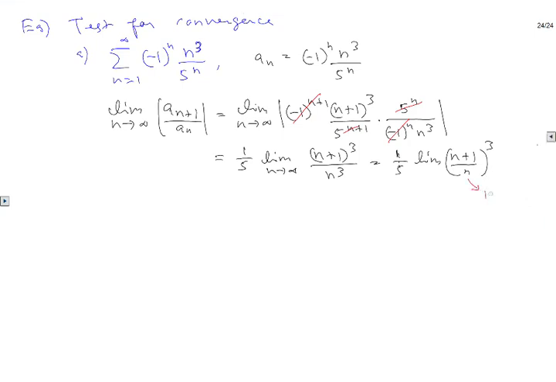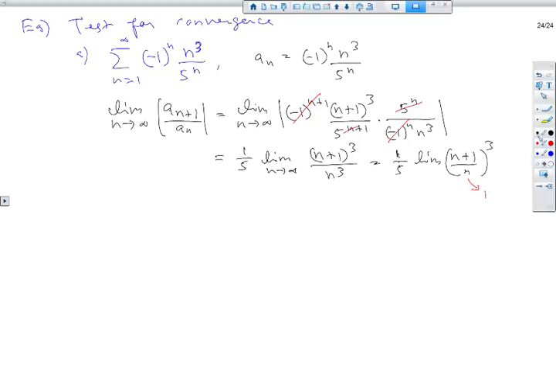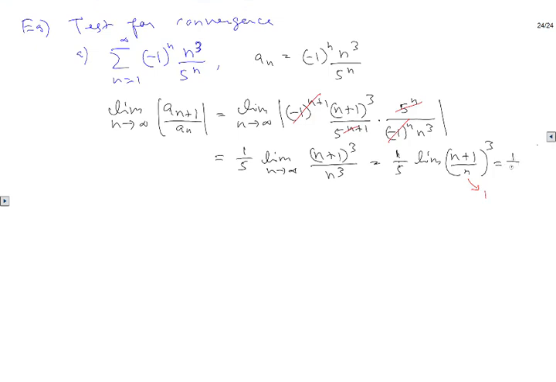So 1 to the third power is 1. That means you simply end up getting 1/5, which is less than 1. So by the ratio test, the original series converges.